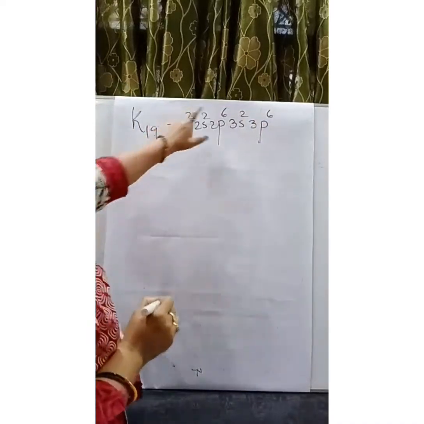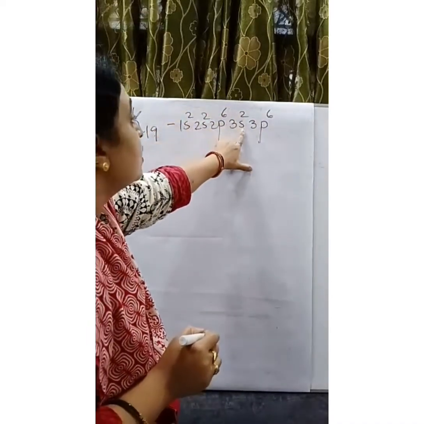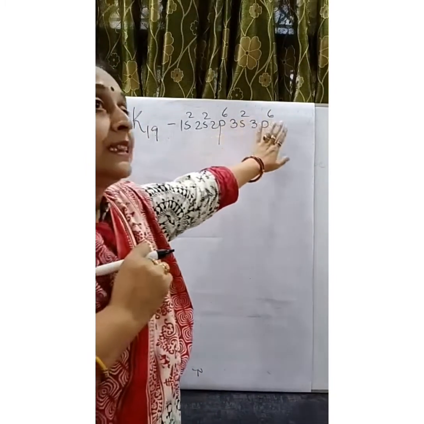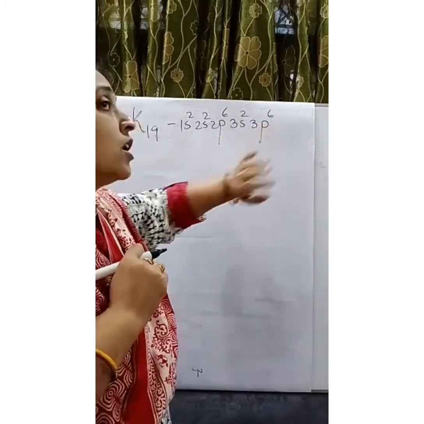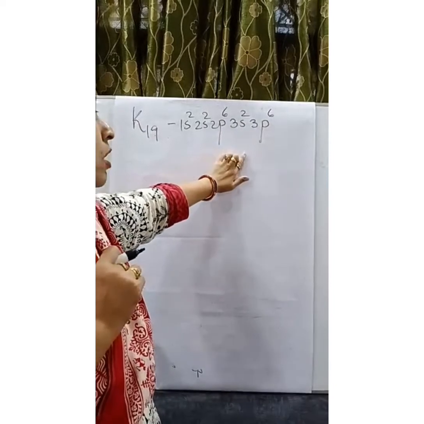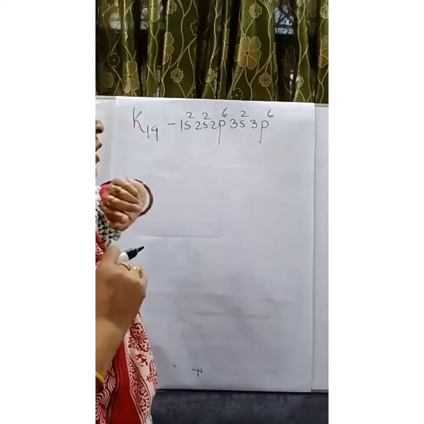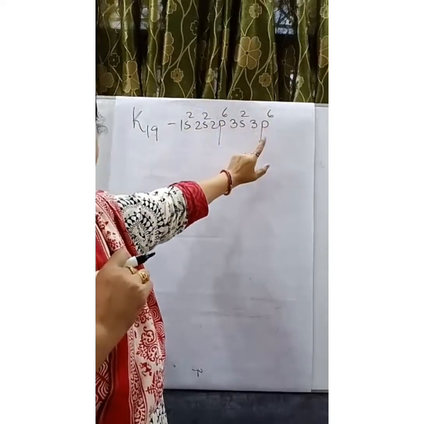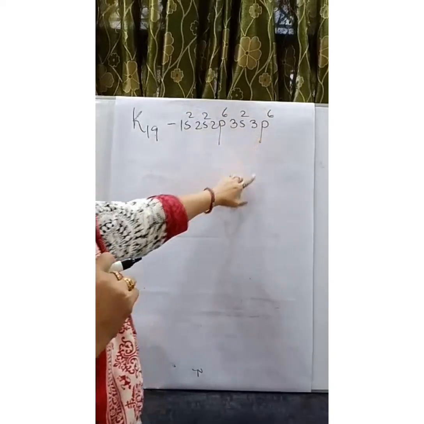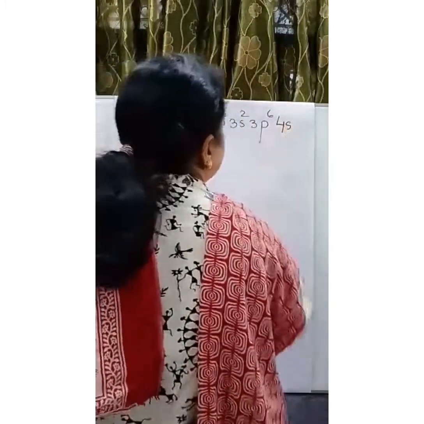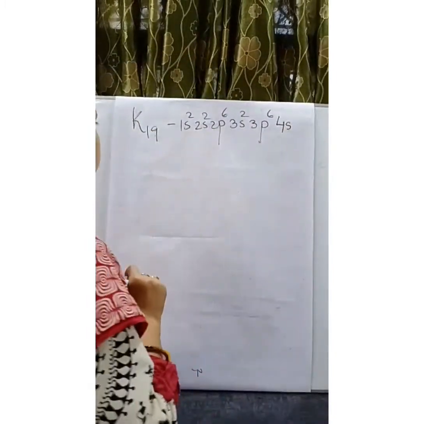Wait and see: 10, 11, 12 and 6, 18 are arranged after 3p. In the third shell, the 3d orbital is there, but according to the Aufbau rule, an electron always goes first in the lower energy orbital. The energy of the 4s orbital is less than that of the 3d orbital. So first of all, the electron will go in 4s before occupying 3d.